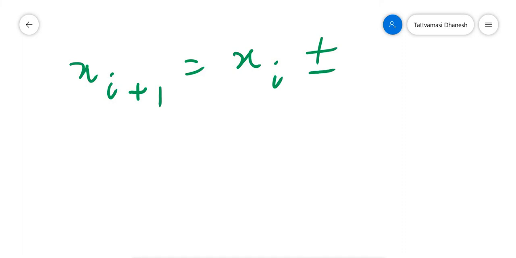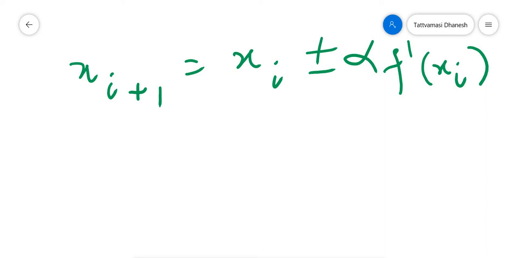See, we will keep on changing the value of x. So x of i plus 1 is equal to xi plus or minus alpha into f dash of xi. This is the algorithm.